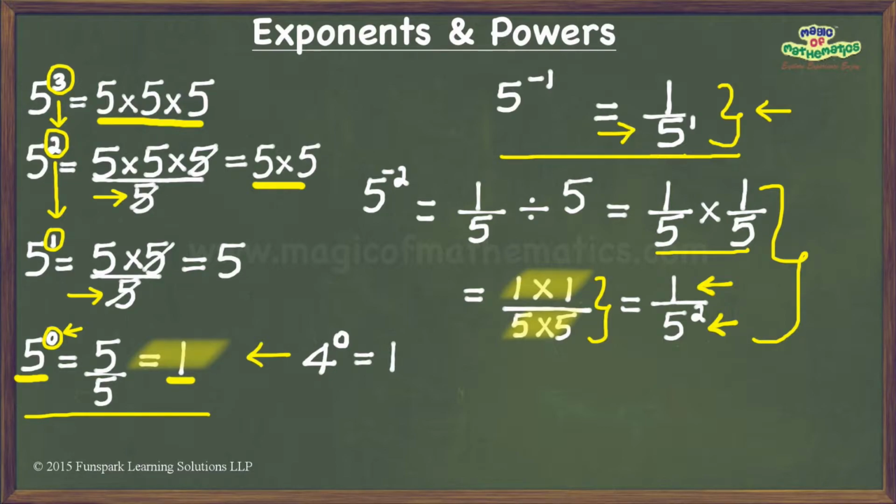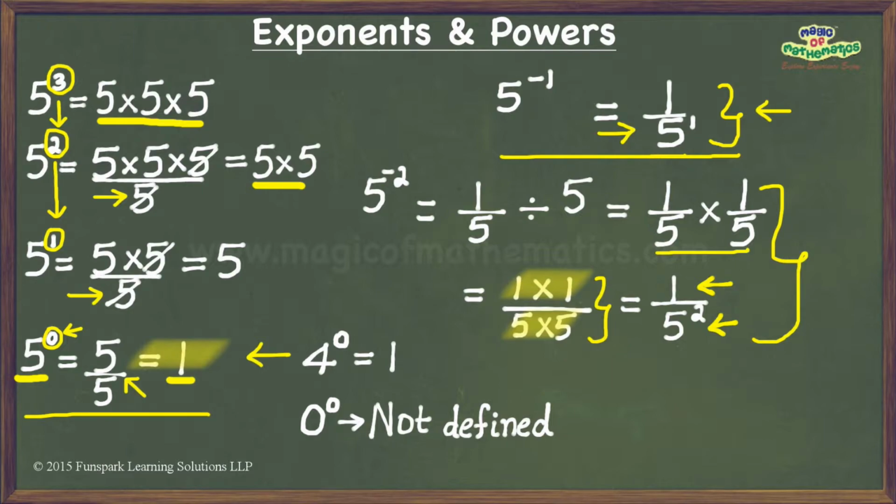As a special case, let us see what happens if I use 0 as my base. In other words, we want to know how to interpret 0 raised to the power 0. As can be seen from the division done here, I will need to divide 0 by 0 to interpret 0 raised to the power 0, and since this is not possible, we say that 0 raised to the power 0 is not defined. This leads us to the fact that any non-zero number raised to the power 0 is 1.